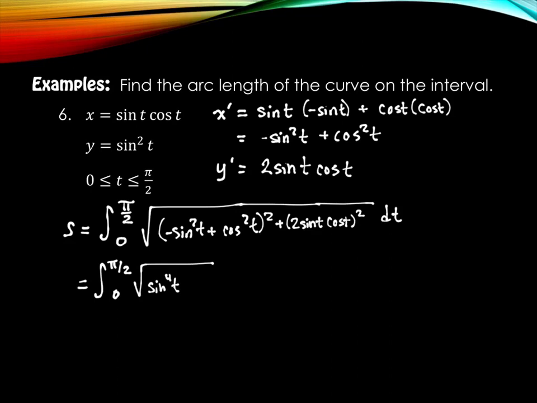And then the inside term is negative 2 sine squared t cosine squared t. We have the last term squared, so it's cosine to the fourth t. And then we need the square of the 2 sine t cosine t, which is 4 sine squared t cosine squared t.